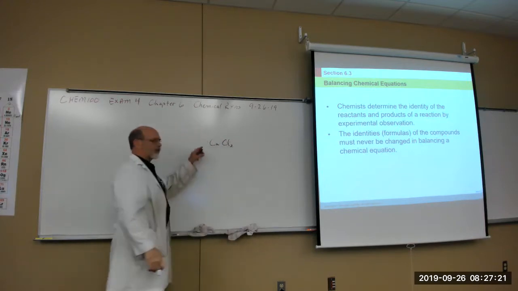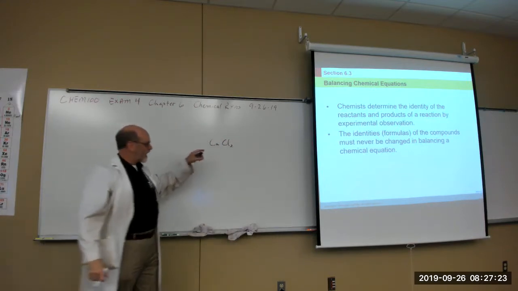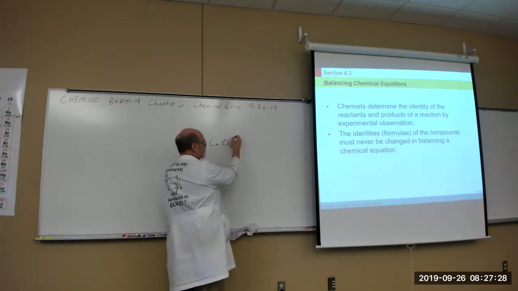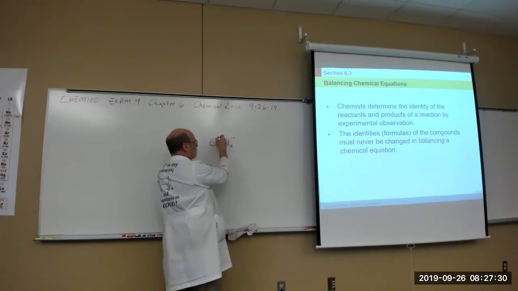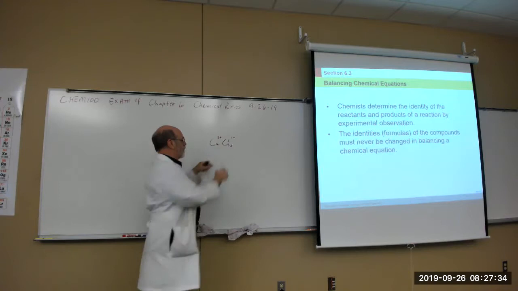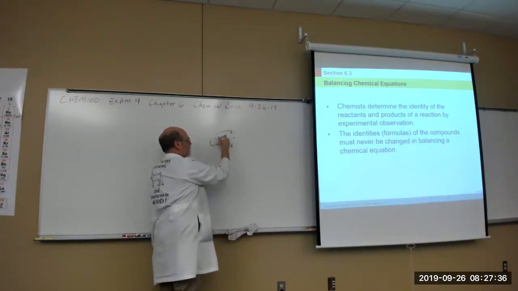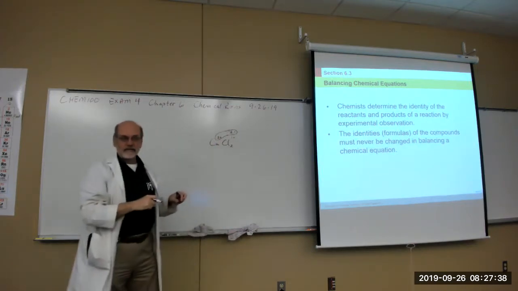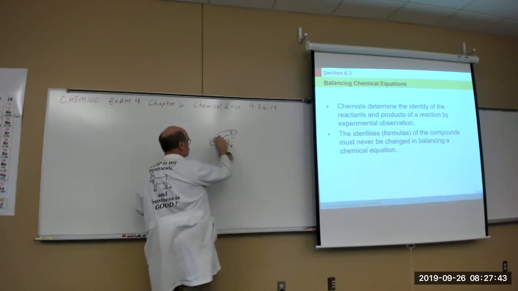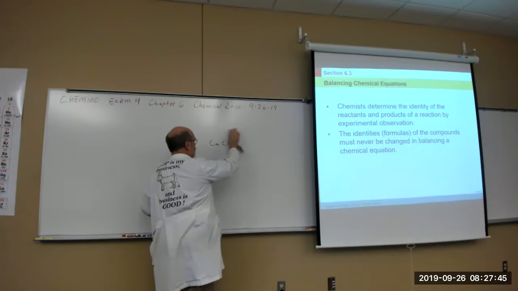If you have calcium chloride, you know that that's the correct compound because chlorine is 1 minus charge. Calcium is a 2 plus charge. 2 times a minus 1 is 2 minus, and that balances. So once this compound is written, you cannot change the subscripts. If you do that, you've changed the compound.